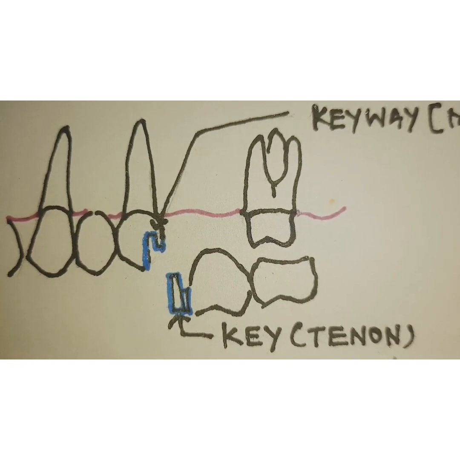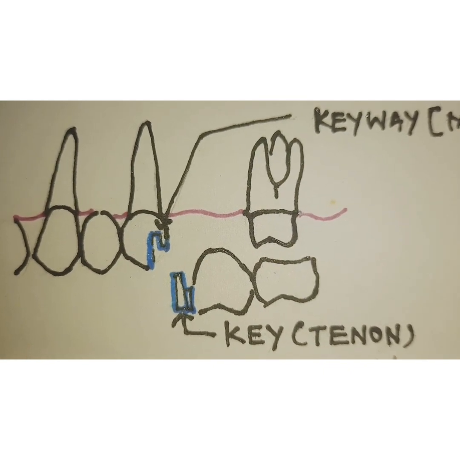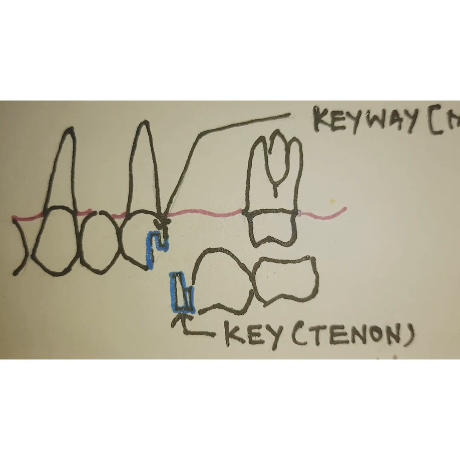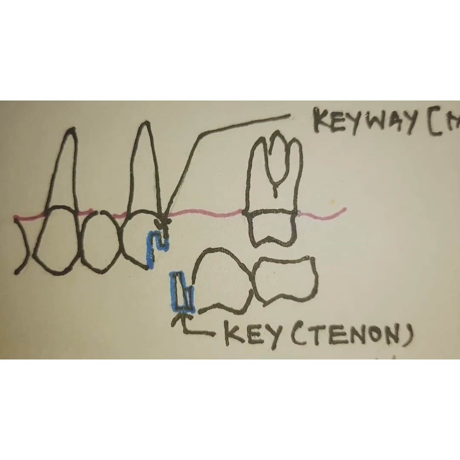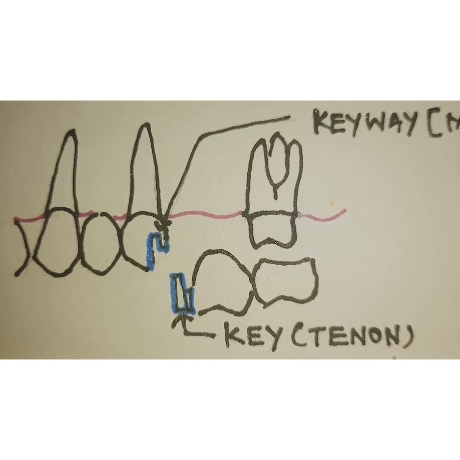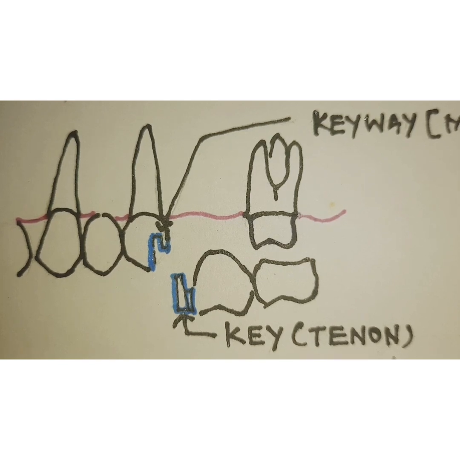So we usually indicate non-rigid connectors where you have more tilting of the abutment teeth. When you give a non-rigid connector, you avoid too much reduction of the tooth, and that way it is advantageous.